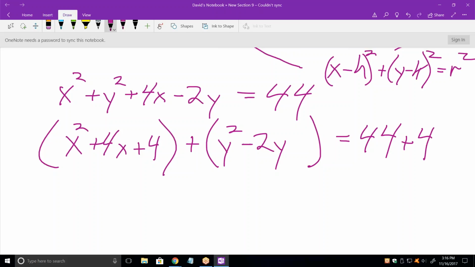Okay, and then how can I write that? Let's go ahead and get this firmly implanted. Remember, I'm trying to write it as a linear term squared. That's what x minus h is, a linear term squared. x minus 2 squared. Hold on. The sign that goes here is always the sign of the middle term.